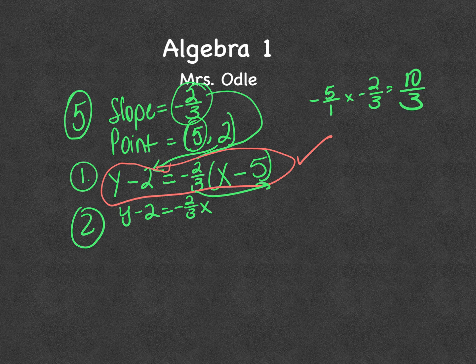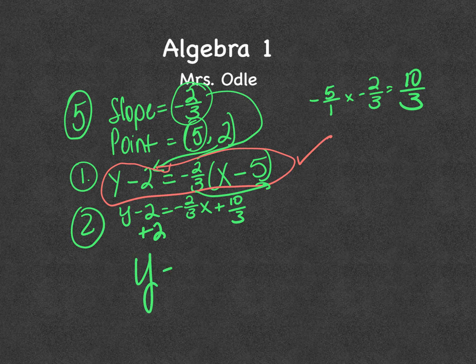I'm checking myself. All right, so then you're going to write in here plus 10 over 3, because remember it became a positive. Now you're going to simplify. You're going to add 2.